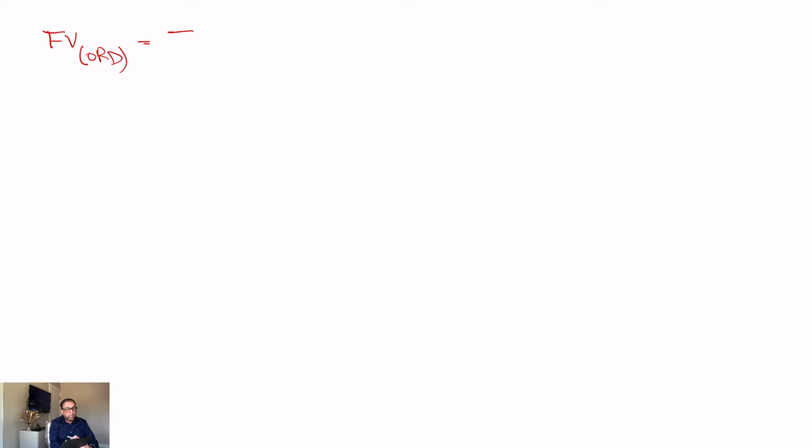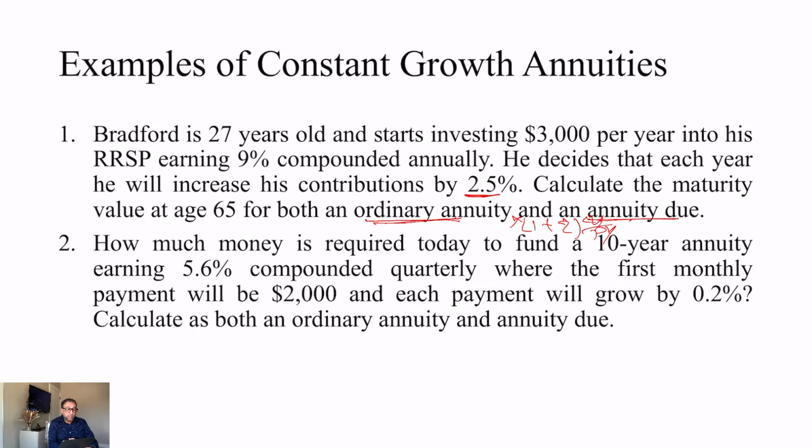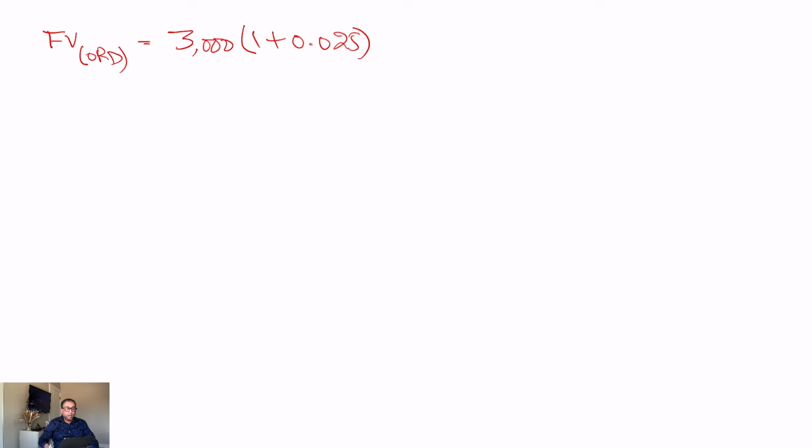And 3000 is the PMT, into 1 plus 0.025, which is the growth rate, that's the delta percentage. And the exponential is, you see here, 27 years old and 65. So how much is the time if you calculate it? It's 38, but 38 minus 1 is going to be 37, right? So it's going to be 37, n minus 1.